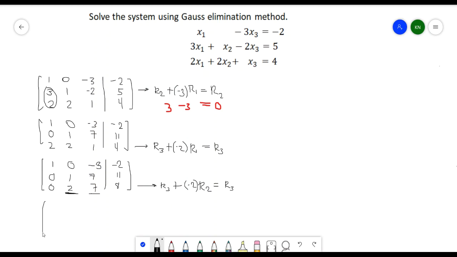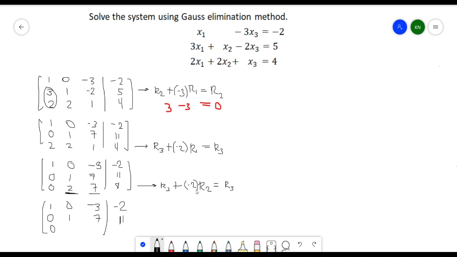So copying the same result, we have 1, 0, negative 3. And then we have the negative 2. We have 0, 1, 7, and 11. And then for this one, negative 2 multiplied by R2, that is 0. 0 plus 0, that is still 0. So copy that one.